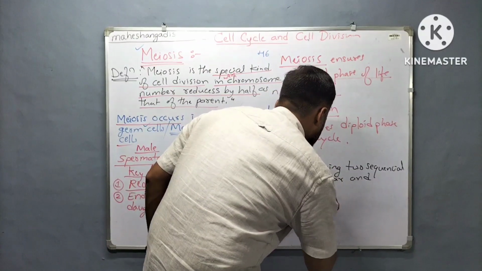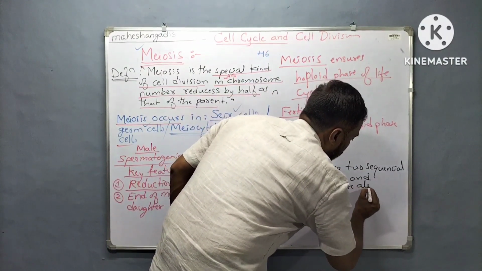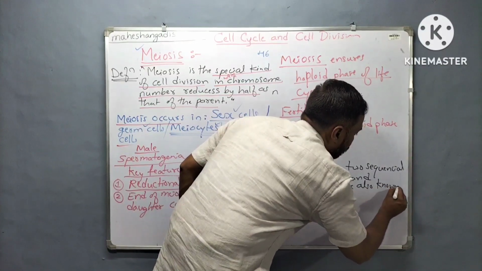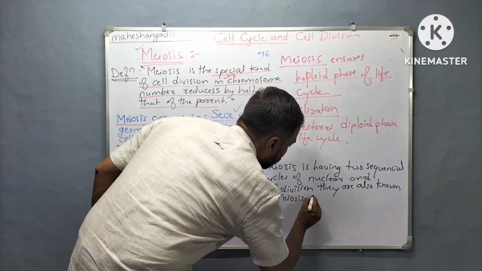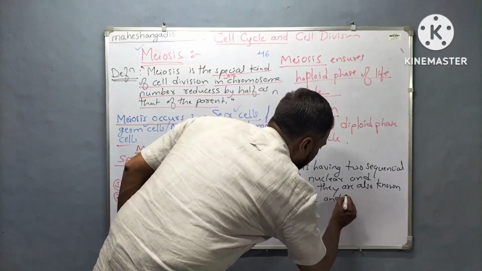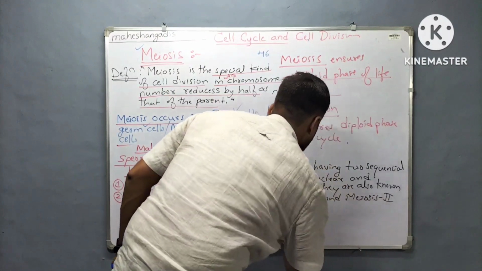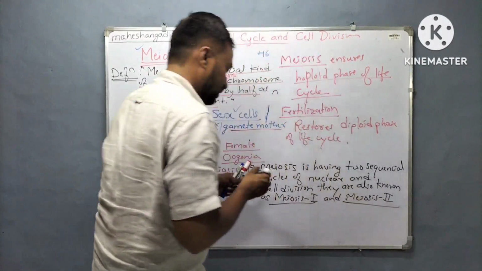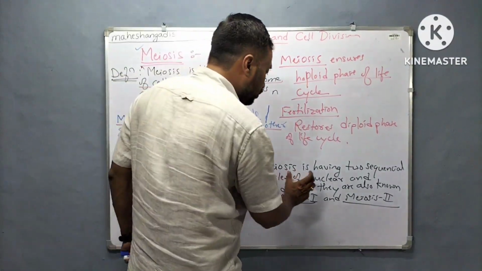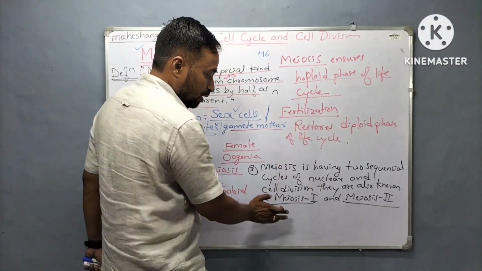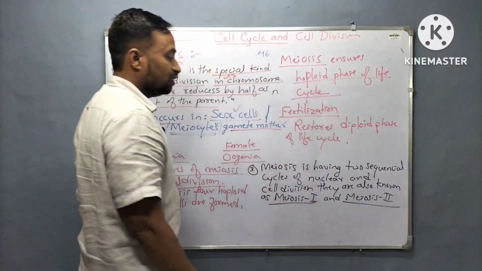They are also known as meiosis 1 and meiosis 2. That means in meiosis there are two cycles of nuclear division as well as cell division. The first one is meiosis 1 and the second one is meiosis 2.